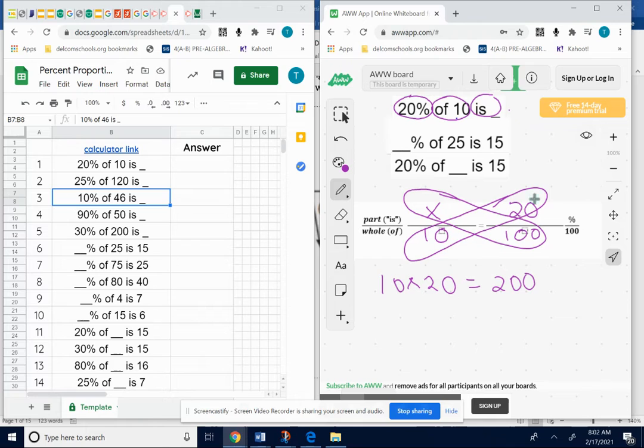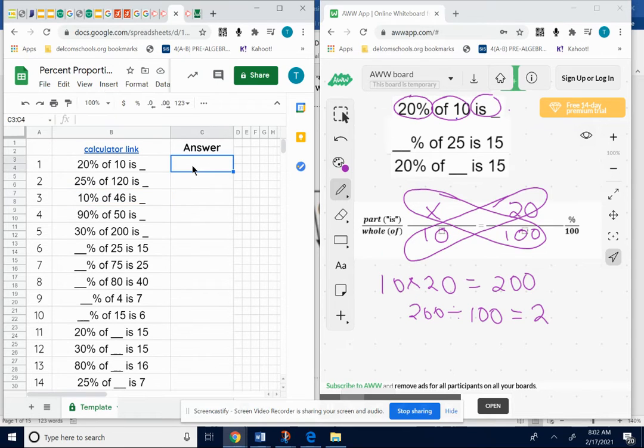So multiply the two numbers you know in your wings, and then divide by the number that is lonesome in the other wings. See that 100 and x, there's only one number in that wing. So that's the number you're going to divide by. So 200 divided by 100 is 2. So that means 20% of 10 is 2.